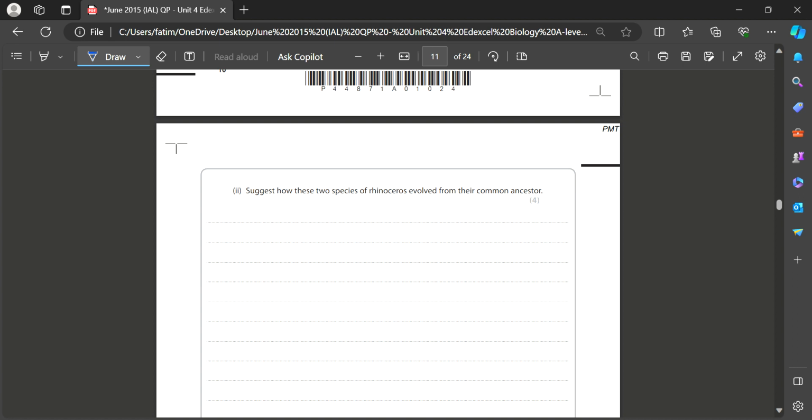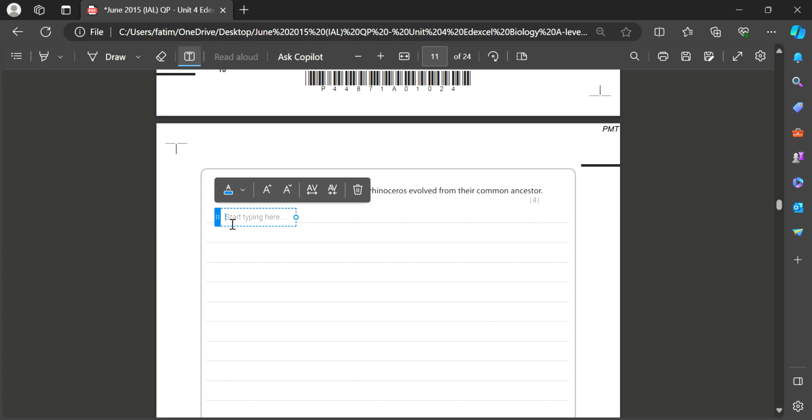Now, suggest how these 2 species of rhinoceros evolved from their common ancestor. Okay, so definitely natural selection. That's the major point that we're talking about. I'm going to make a text box here.